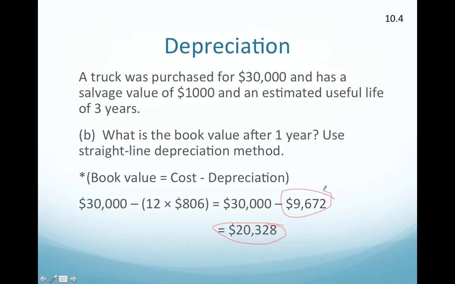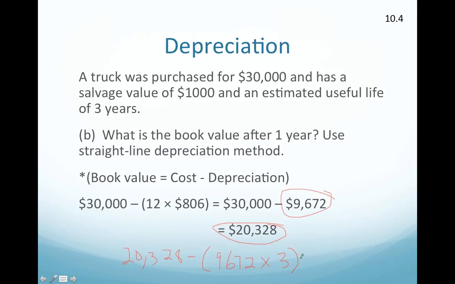And then if we wanted to find the book value after 3 years, we would have to take 20,328, and then we would have to subtract the 9,672 times 3, because that's how we find our accumulated depreciation.